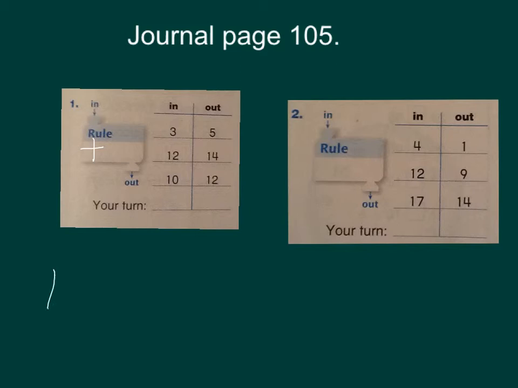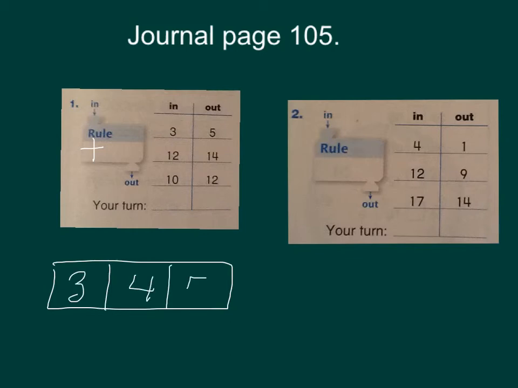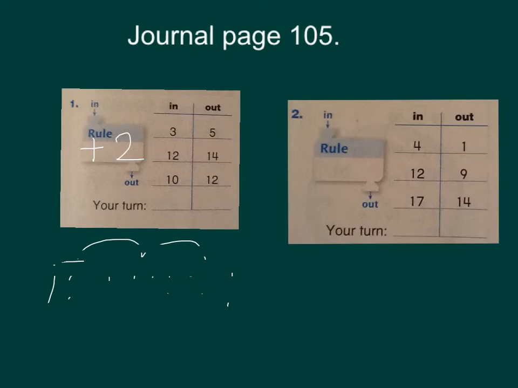So if we think about our number grid, I'm just going to draw a little quick one here. We have a 3, 4, 5. And so now if I count my jumps, 1, 2, from 3 to 5, our rule is plus 2. Okay, I'm going to erase this real quick, and I'm going to see if that works with our other numbers in our chart here.